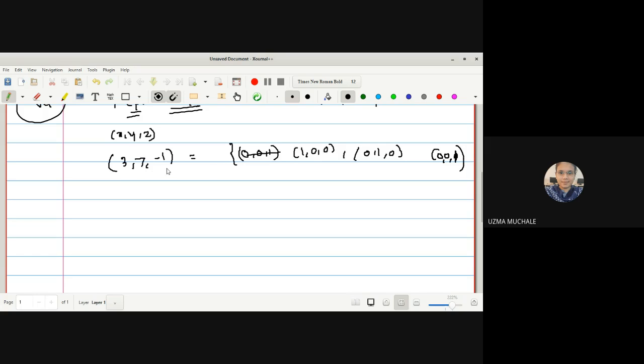So any vector you have to just write down as a linear combination of the basis vectors. Okay, this is what our theorem wants to tell us, that any vector can be written as a linear combination of these three vectors.